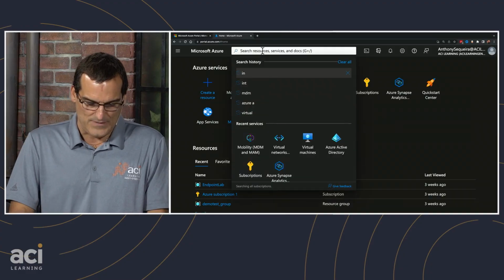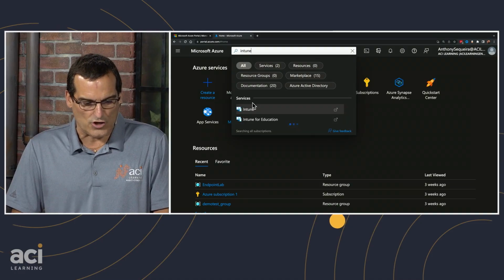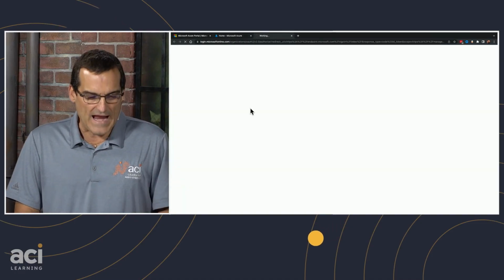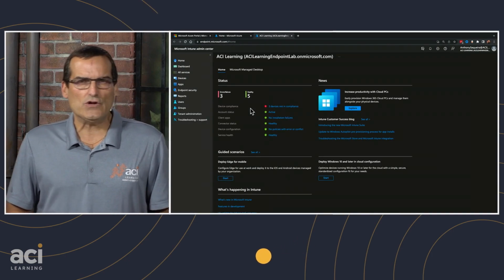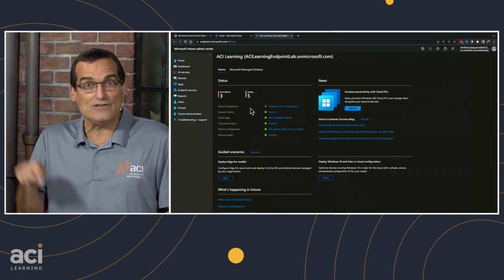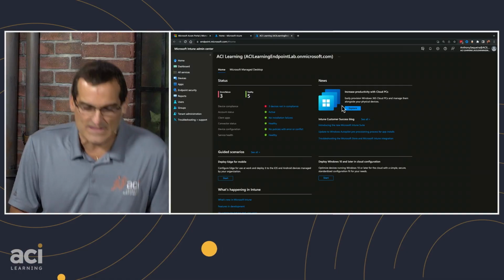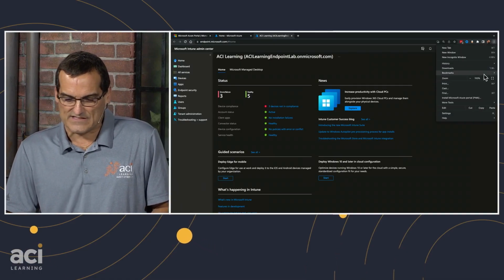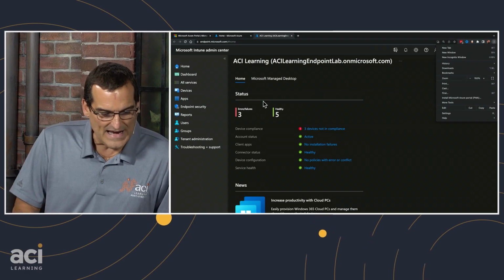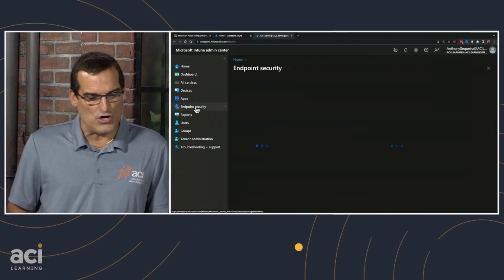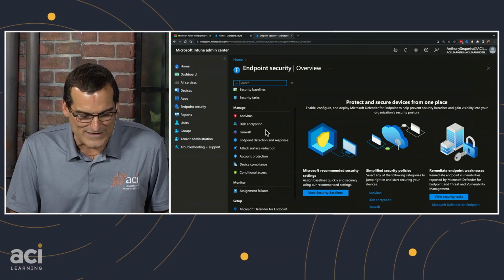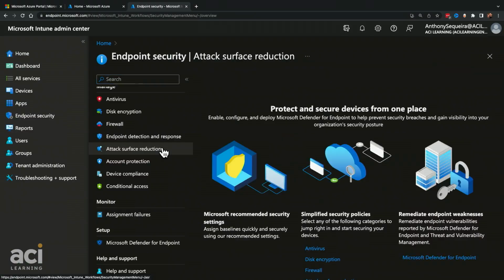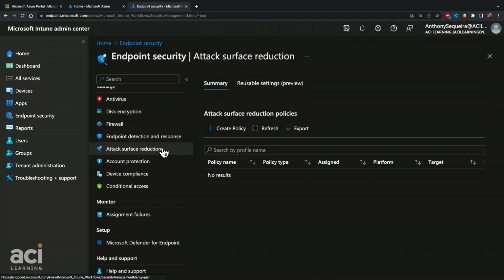In Azure, I'm going to go and look for a product called Intune. And Sophie and I did about a 20 episode course in Intune recently. And one of the things that's available here, let me blow this up so you can see it even better, is notice right here, there is a node called Endpoint Security. And if we go into Endpoint Security, what do we have in there? We have none other than attack surface reduction.